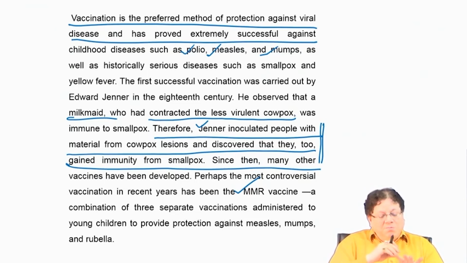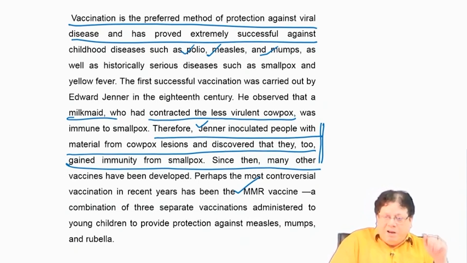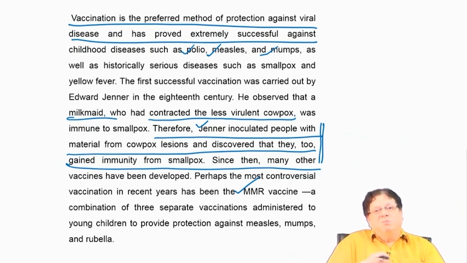They have some blisters on their hands, and that is what Jenner noticed, and later on they never had any smallpox. So, those persons who are milkmaids, that is what is called cowpox. They are handling the cow and they get a pox which gives blisters, but that is not life threatening.